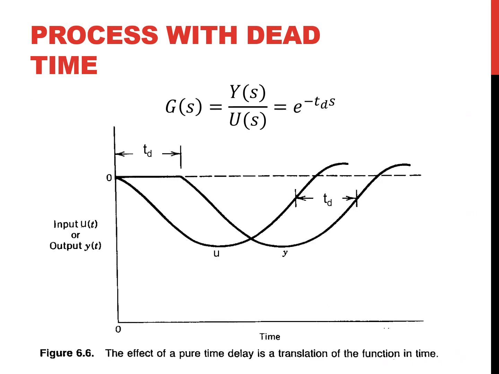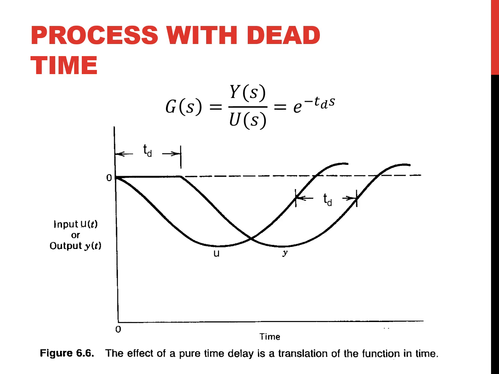So this is the response for the process with the dead time. Of course, when you have the input, you don't have any delay. So your input starts at time t equal to 0. Based on the time delay, your output response will start later. It didn't start at 0.